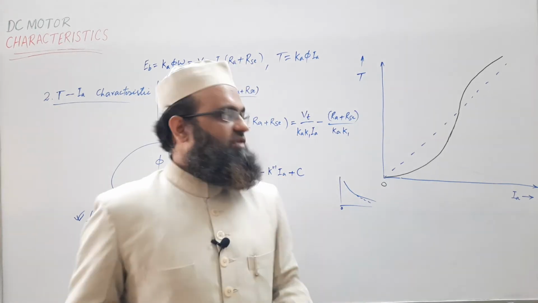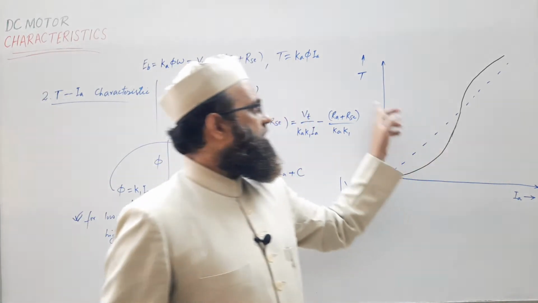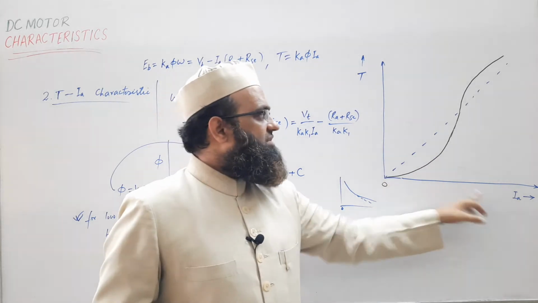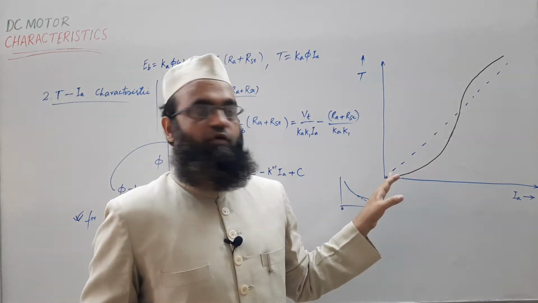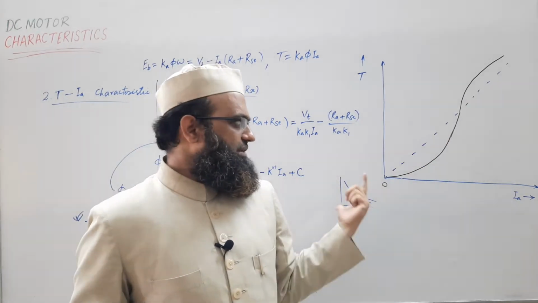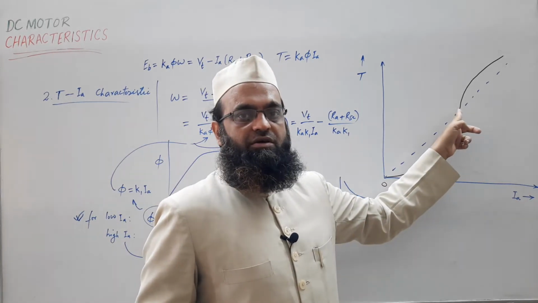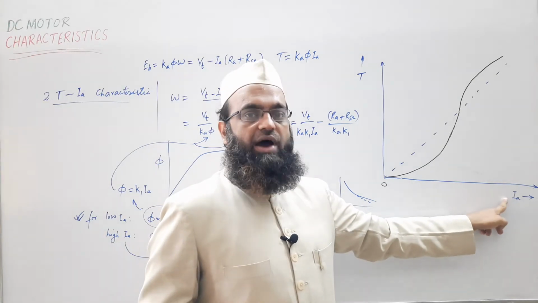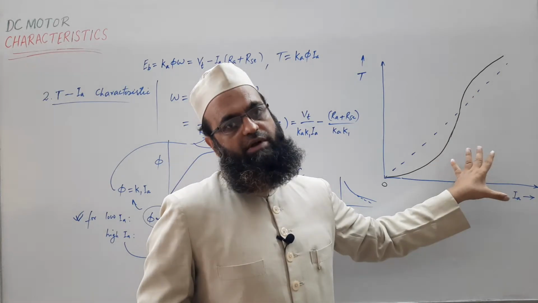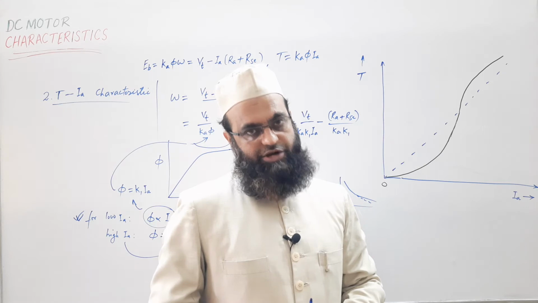By varying Ia, torque can be varied, but that variation is not linear throughout for a DC series motor. Its nature is like that. Initially it develops like this with changing value of Ia, then later on like this, right.